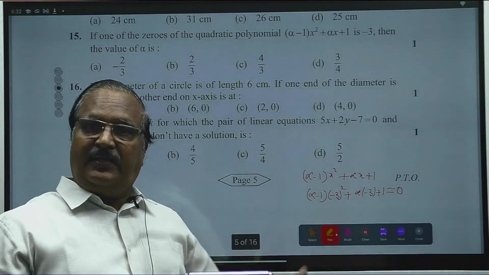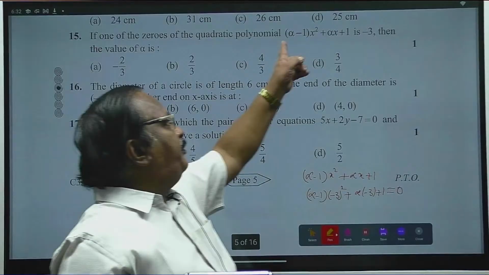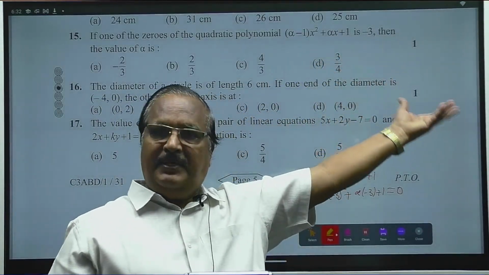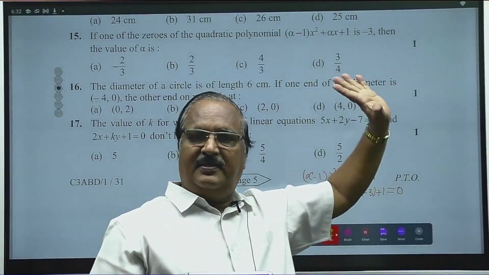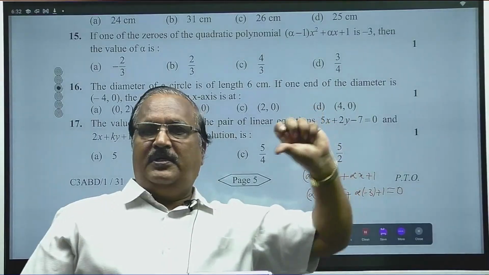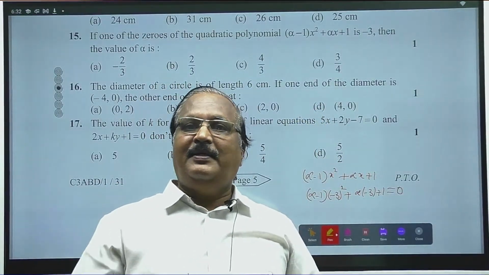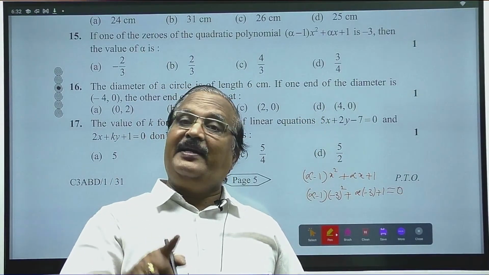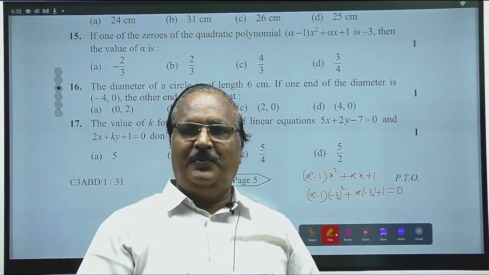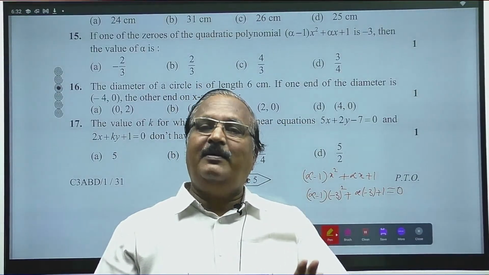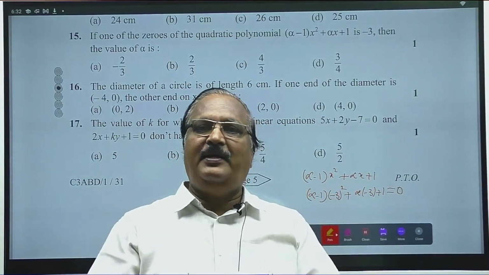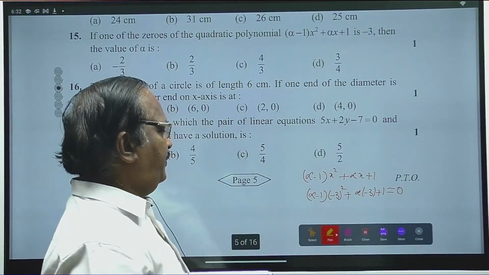When you put the zero, the entire polynomial's value will be 0. That is the meaning of zero. A zero of the polynomial means the value of the polynomial is 0 at that particular value. It is the value of the variable where the polynomial becomes 0.